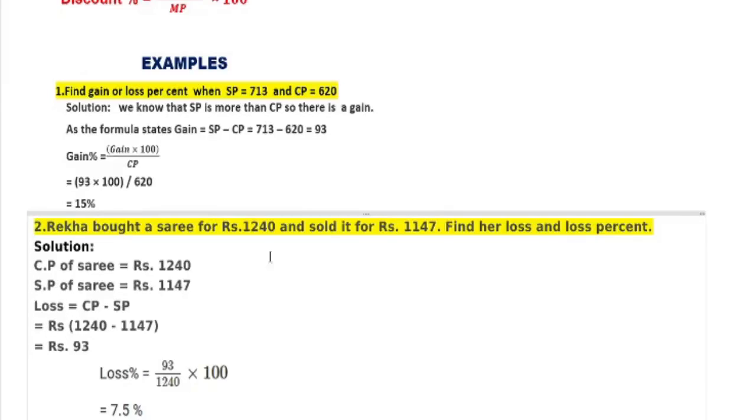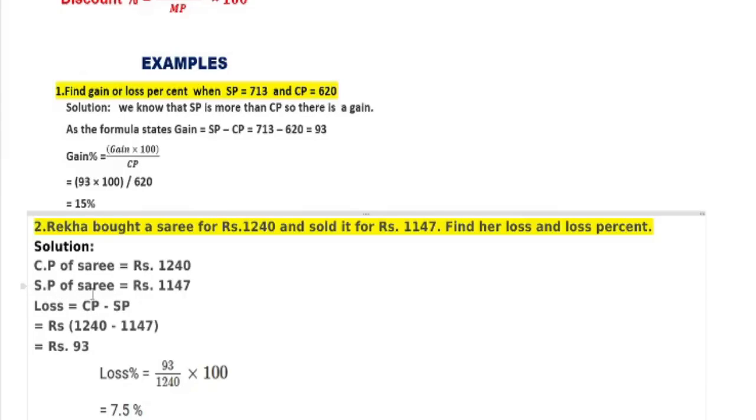So here by analyzing, you can see Rega bought a sari for rupees 1240. That means CP of the sari is 1240 and selling price of the sari is 1147. So by comparing these two, you can find out CP is more than SP of the sari.